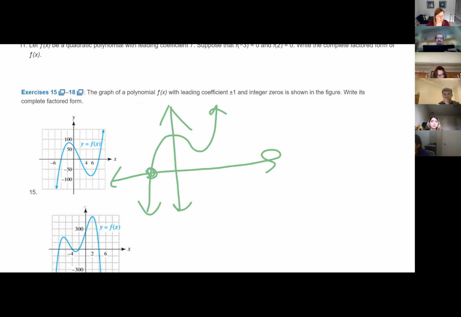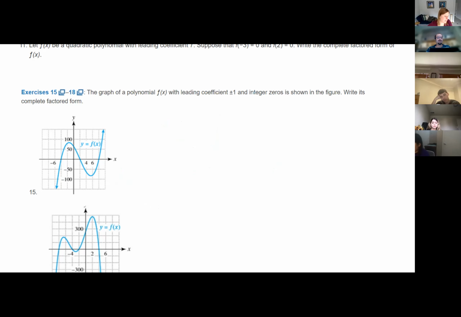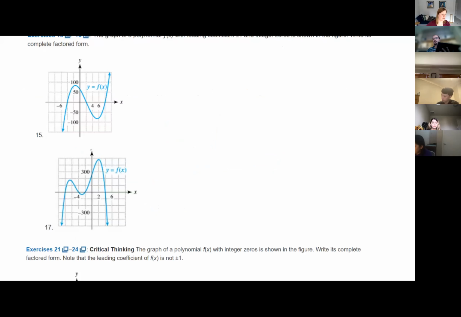So if you get things that squiggle out here that aren't going across the axis, that's a good indicator that you're getting imaginary solutions, because we know it's increasing the degree each time this thing turns, right? So if you're getting squiggles that aren't going through the axis, good indicator you're getting some imaginary solutions in there. In this section, I think we're focusing mostly on the real solutions, right?